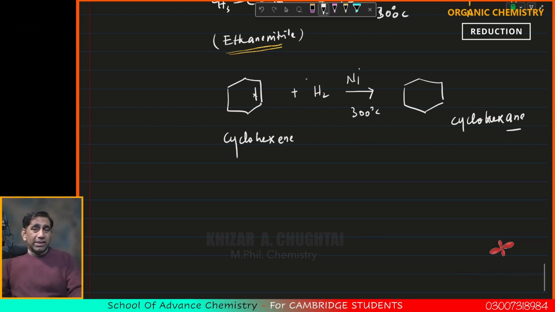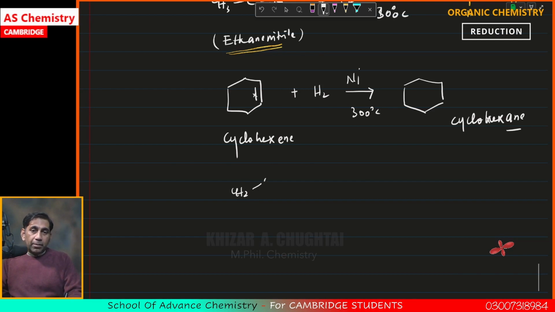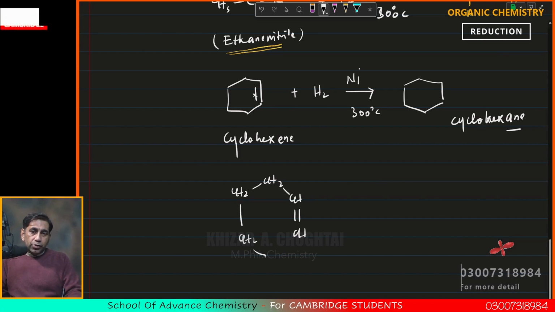If you are going to draw the skeletal formula, then there is no need to write the new hydrogen. However, if you are not using the skeletal formula, then you may write CH double bond CH and CH2, CH2 and CH.